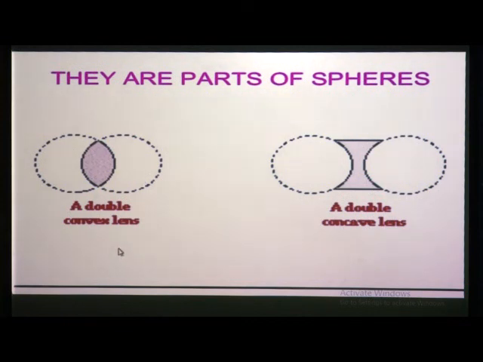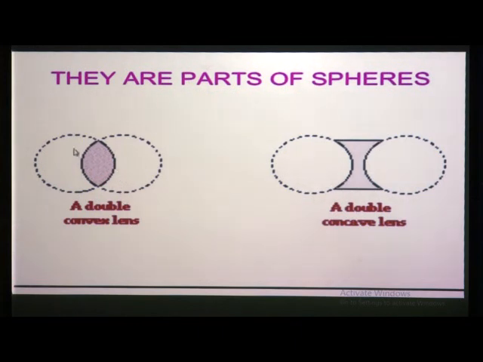So a double convex lens and a double concave lens. Exactly the whole structure is given here. See, these are two circles, or we can say two spheres, sorry, two spheres we can see here.